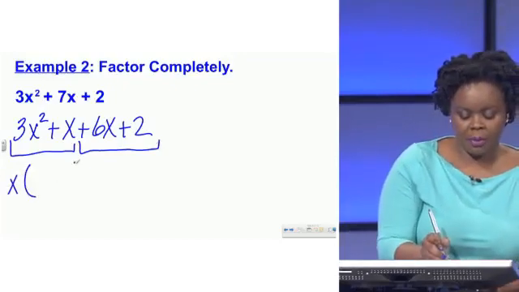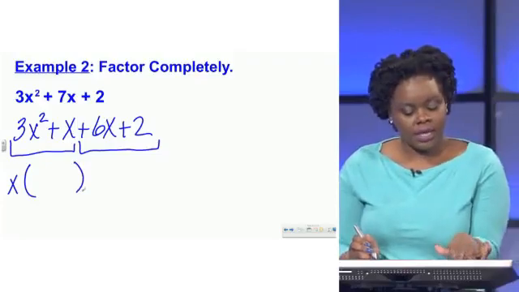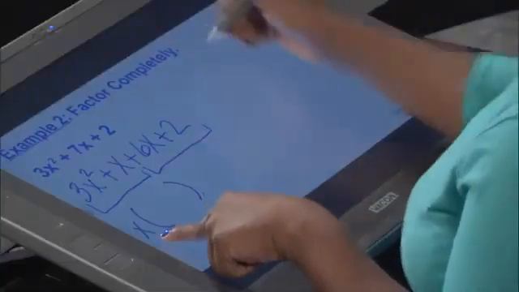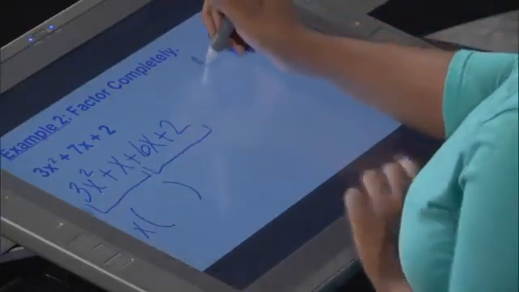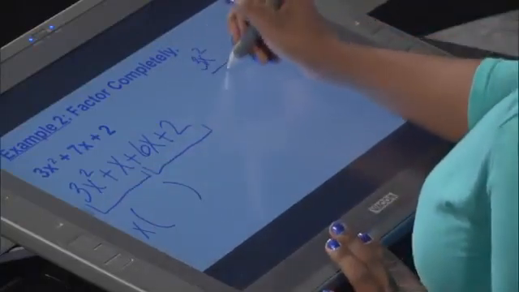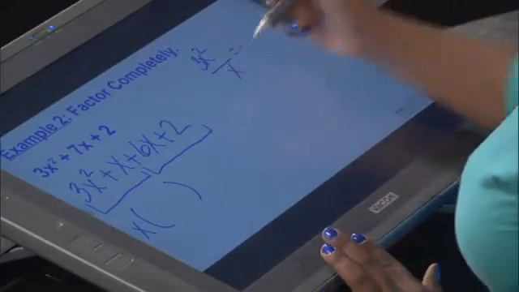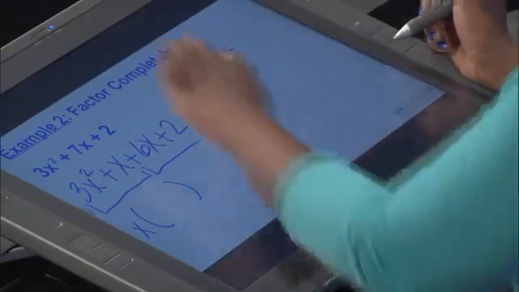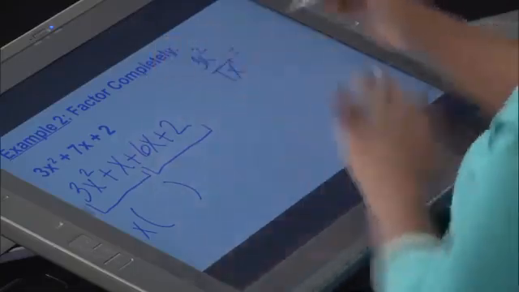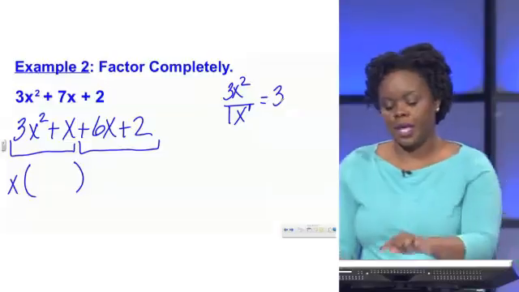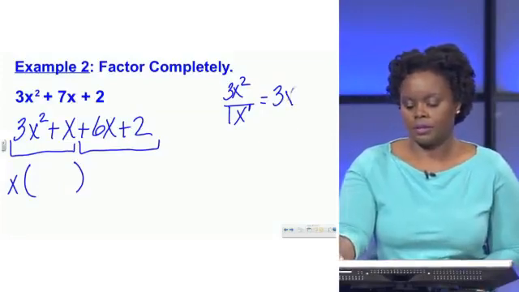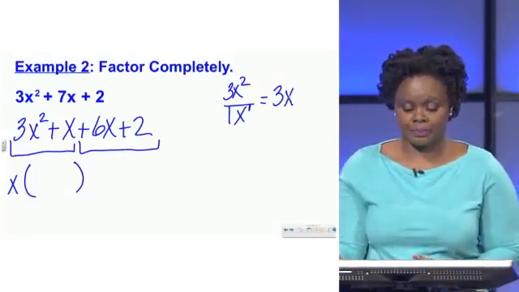I'm going to open up the parentheses, and now it's time to divide each of these terms by x. So 3x squared divided by x, which is like a 1x really to the first, because we don't see that exponent. So 3 divided by 1, that's 3. x squared divided by x to the first, that's just x, because we subtract our exponents here.